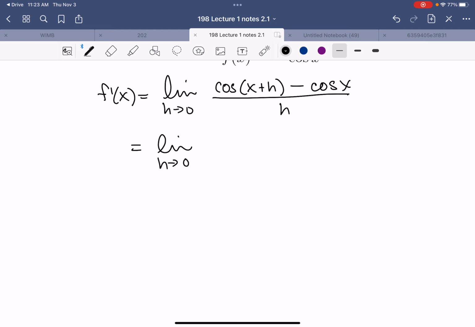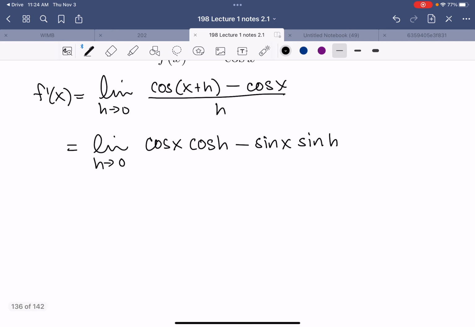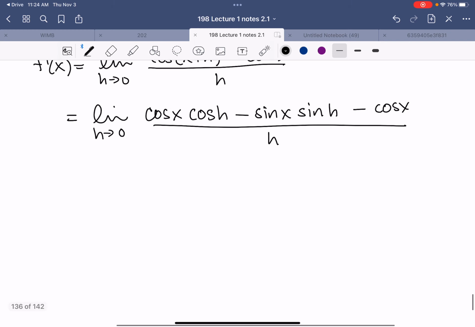The cosine of x plus h is the cosine of x times the cosine of h, and then minus the sine of x, sine of h. Okay, so again, that replaces the cosine of x plus h. And then I also have minus cosine x on the end. All of that over h.